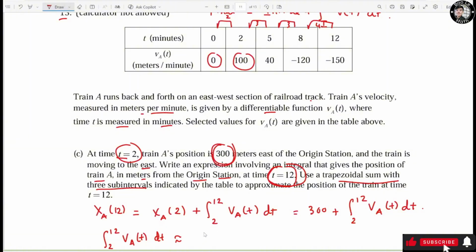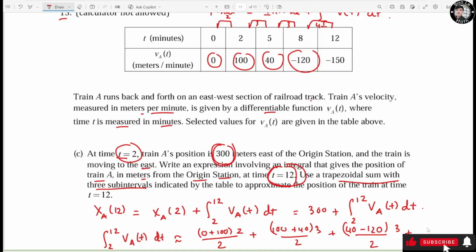So we have (0 plus 100) times 2 divided by 2, plus (100 plus 40) times the height 3 divided by 2, plus (40 plus negative 120) times the height 3 divided by 2, and the last one, (negative 120 plus negative 150) times the height 4 divided by 2.